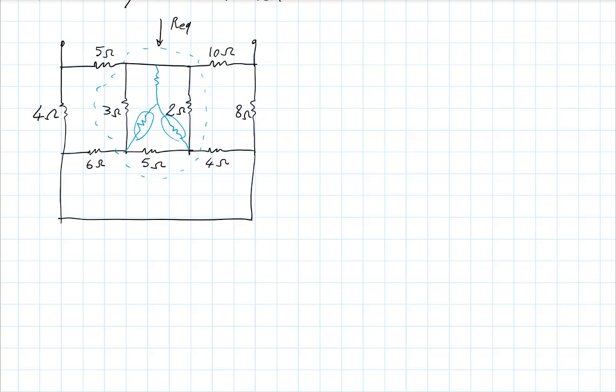But again, like I've said in the past, you always want to make sure that you take a good look at the circuit, try to develop some insight into it before you launch into a sort of brute force solution, right? So in this particular case, are there other patterns that I can recognize?